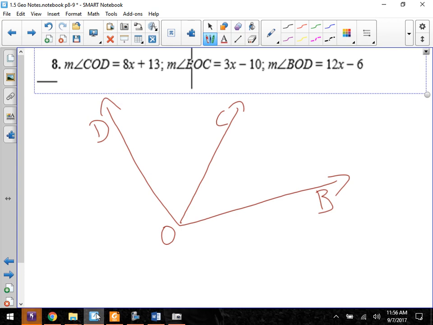No. Remember, if it doesn't say any of that, you can't assume any of that. All right? What we do then is just fill in the blanks with the information given. COD, 8x plus 13. BOC, 3x minus 10. And the entire thing, 12x minus 6. This is the scenario.